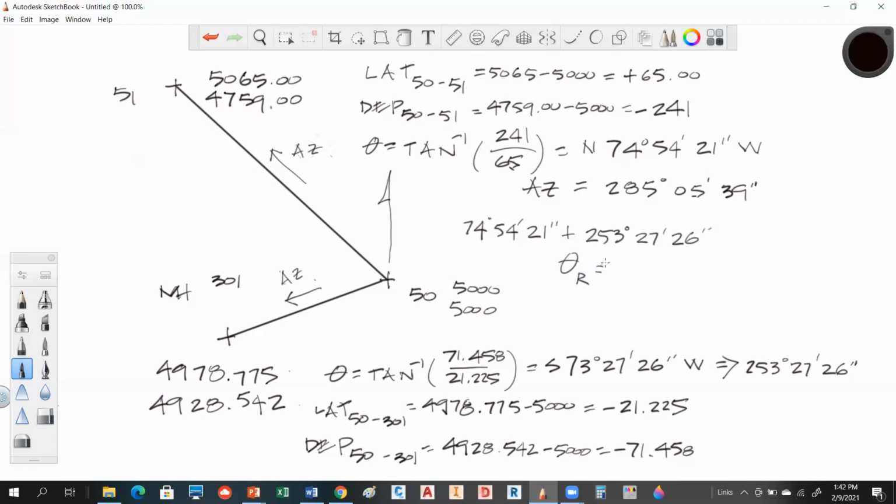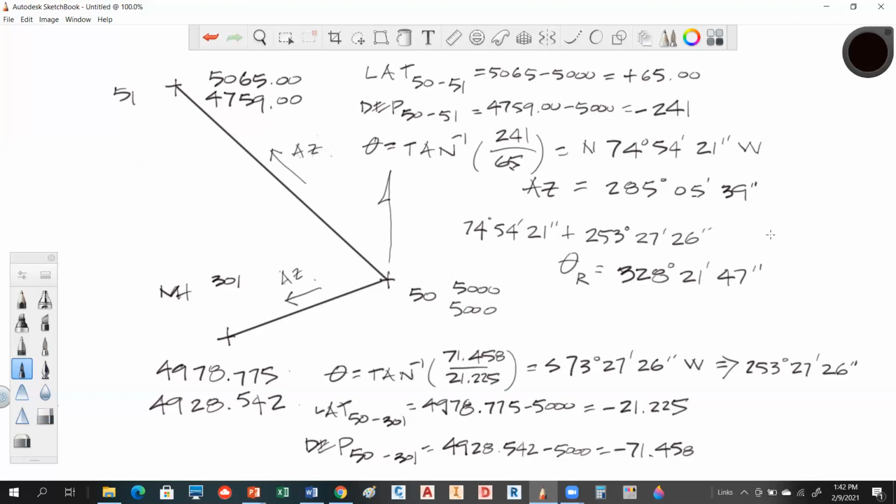Yeah, that was very nice the way that, because we already had everything written out, so we could use that really readily. Looks like the angle you would turn from the instrument would be what, 328, 21, 47. Okay.